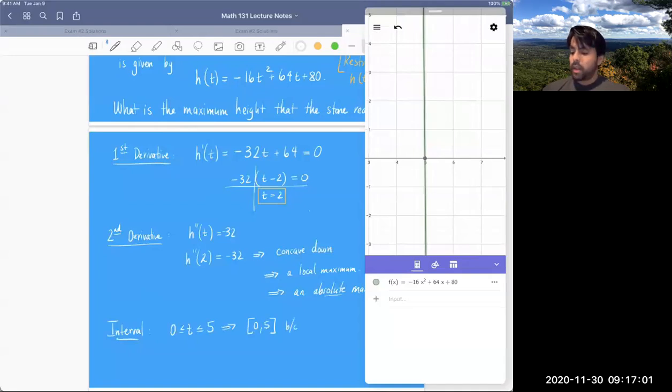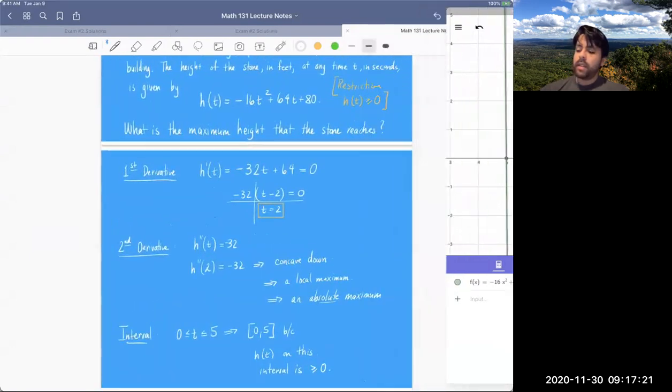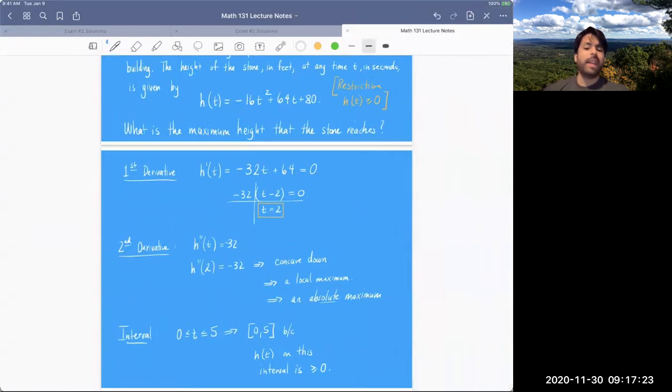Because h of t on this interval is greater than or equal to 0. So in reality, I only have to test the endpoints at 0 and 5 and at 2. But obviously at 0, what happens?